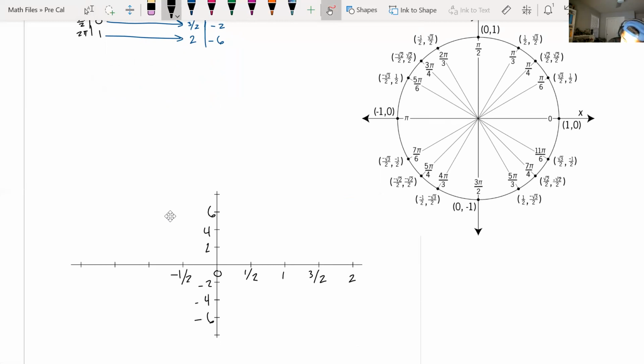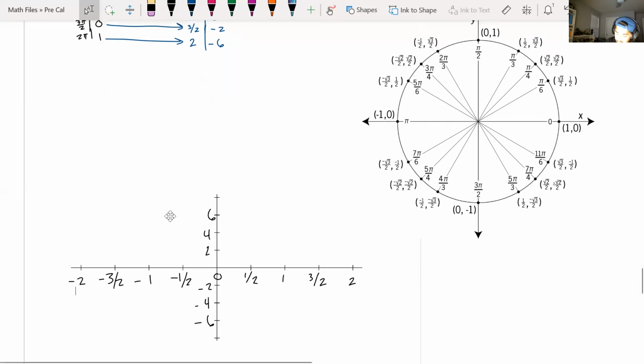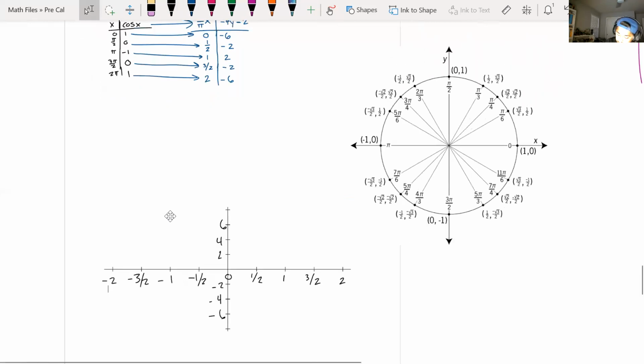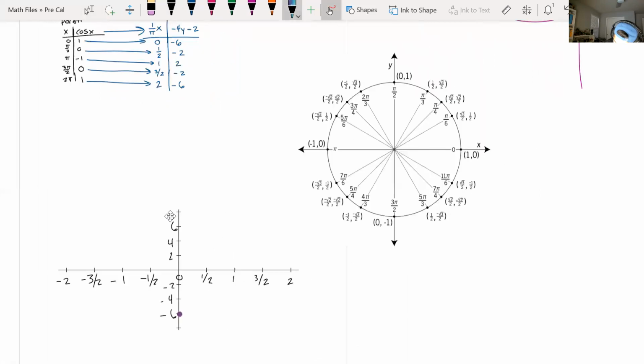And then -1/2, -1, -3/2, and -2. Plot my points from above. And 0, -6 there. 1/2 and -2. 1 and 2. 3/2 and -2. And 2 and -6.